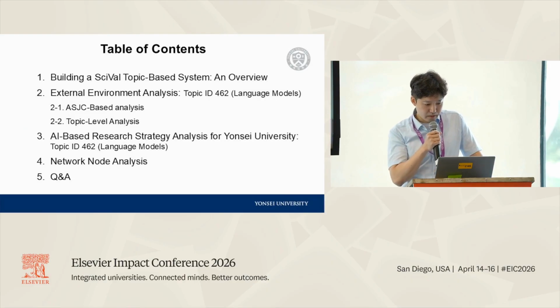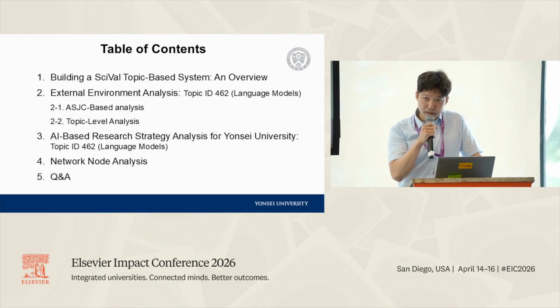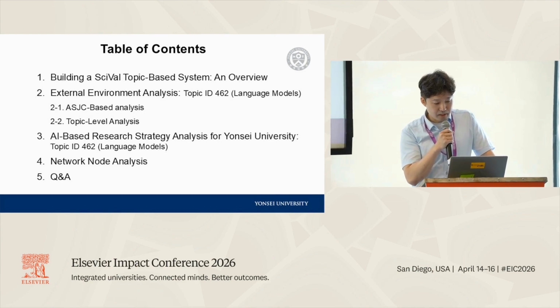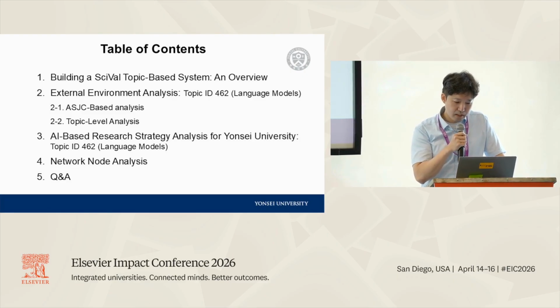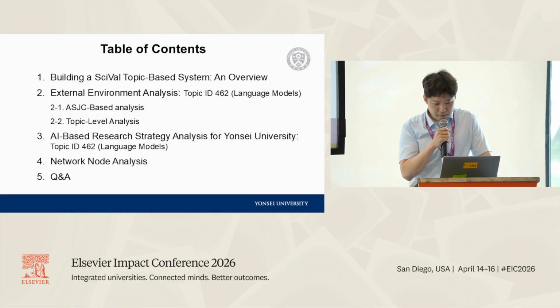So here is the outline for today's presentation. I will start with an overview of why and how we built a SciVal topic-based system. And following that, I will discuss an external environment analysis at both the ASJC and topic level using topic ID 462 language models as a primary case study.